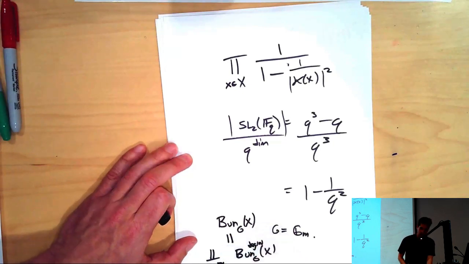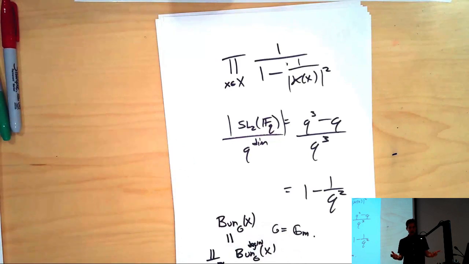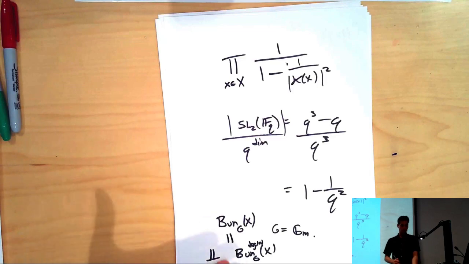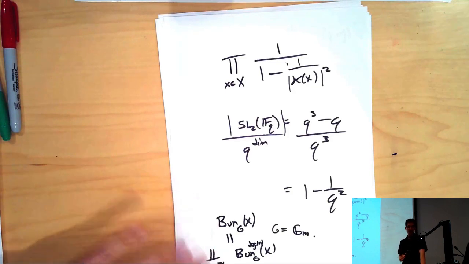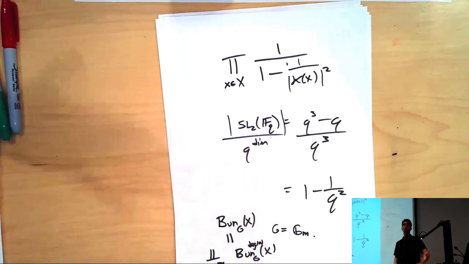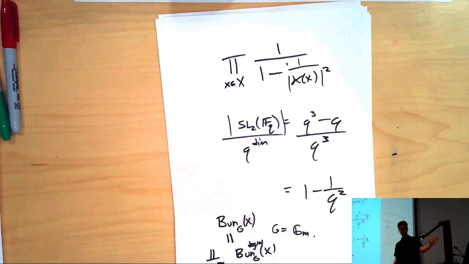This does not satisfy the Grothendieck-Lefschetz trace formula for the stupid reason that every expression that appears there will diverge. You won't be able to count the number of points, or maybe it does satisfy it because the formula becomes infinity equals infinity. But this is the kind of thing you have to worry is not happening in order to prove that Bun_G(X) satisfies the trace formula in the semisimple case.